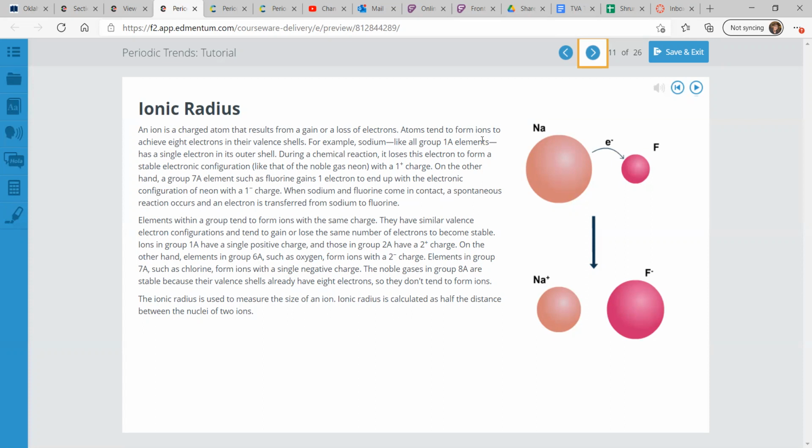The ionic radius is used to measure the size of an ion, and ionic radius is calculated as half the distance between the nuclei of 2 ions.